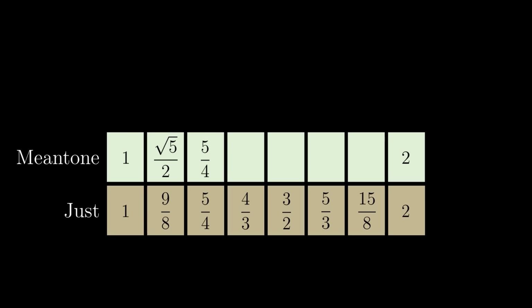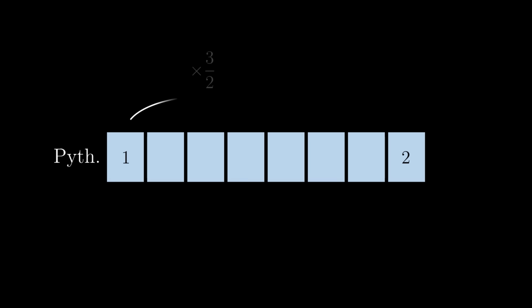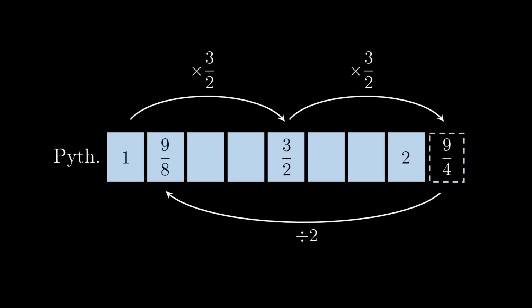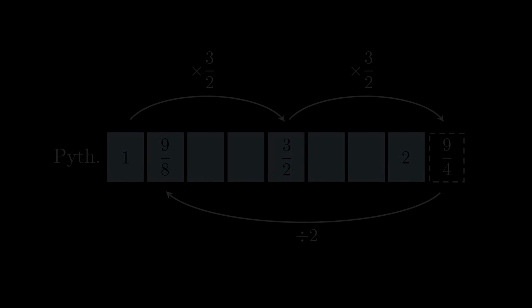But what about the other meantone notes? And in particular, what about the fifth note, which we know is especially important? Recall that in Pythagorean tuning, we went up a fifth and then down 1 octave to get the second note. And the fifths we used were exact 3:2 ratios. A key idea in meantone temperament is to compromise a bit over the fifths and to slightly deviate from this exact 3:2 ratio.